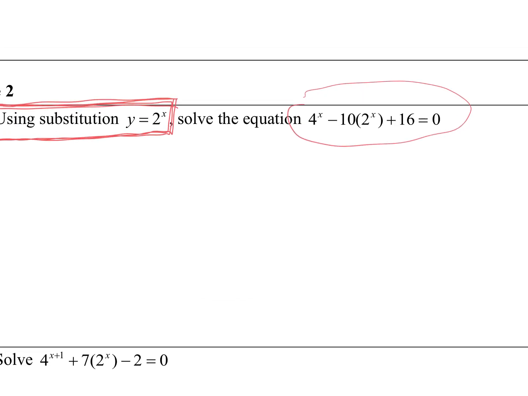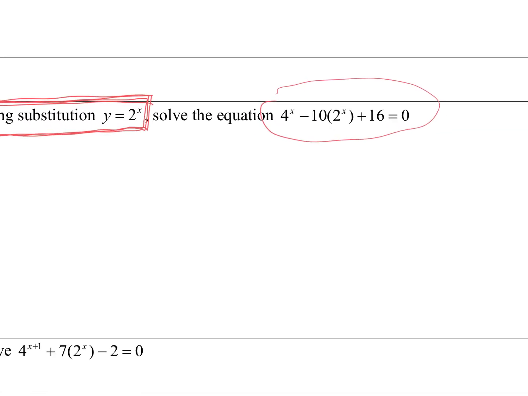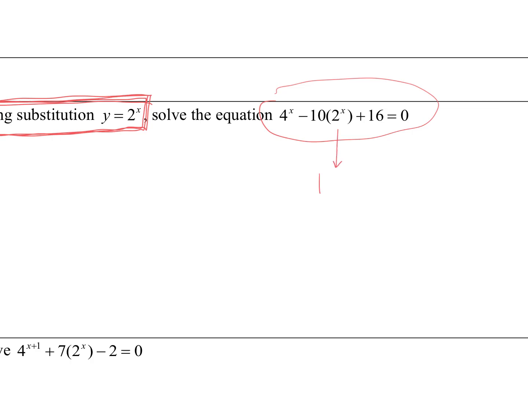So what we do is you want to make 2 to the power of x as y. So this one can change to y already, no problem. Okay, but this is the one that you need to change a little bit. So 4 is 2 squared. So it's the same thing as 2 to the power of 2x.